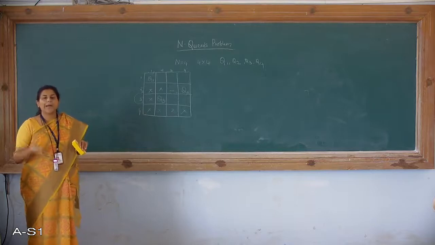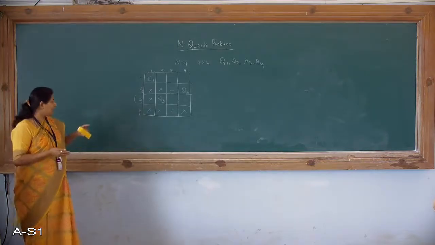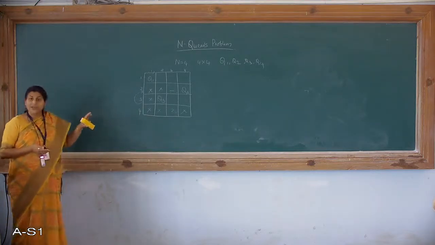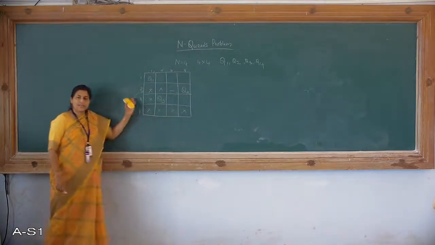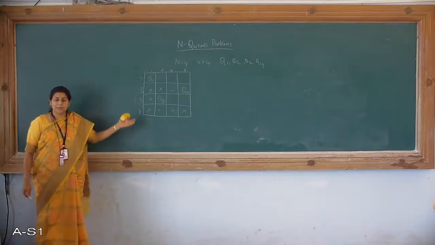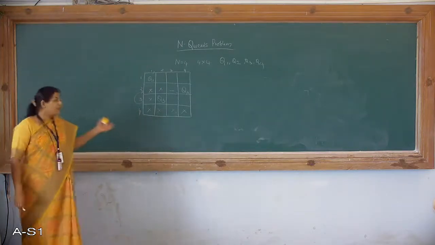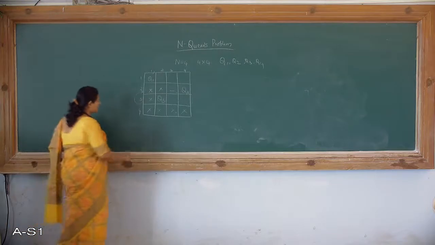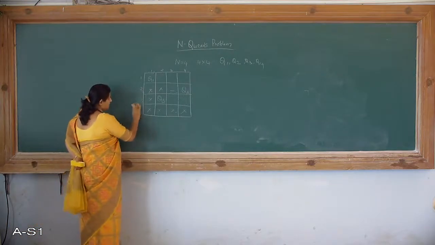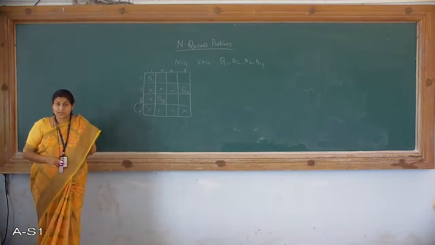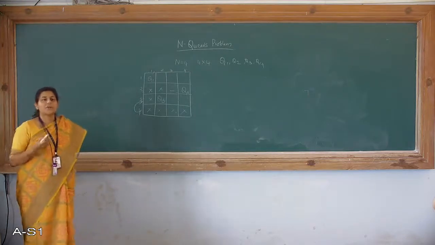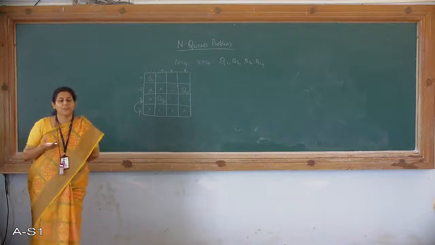So I need to backtrack again and change a position. So from here, this is how, when I'm changing, this becomes your state space tree now. This tells us that in the previous iteration, the position of this needs to be changed because it is not possible to hold queen 4 in my chessboard.